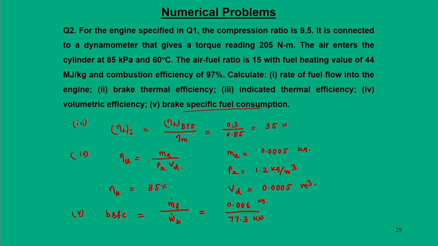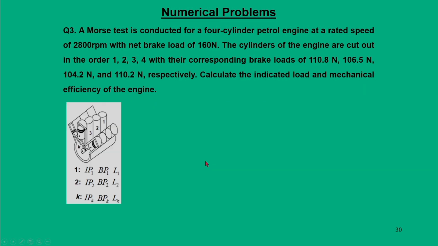So, it is kg per second. If you simplify it, we are going to get 7.76 into 10 to the power minus 5 kg per kilowatt second. So, these are all the numbers which we are going to calculate.